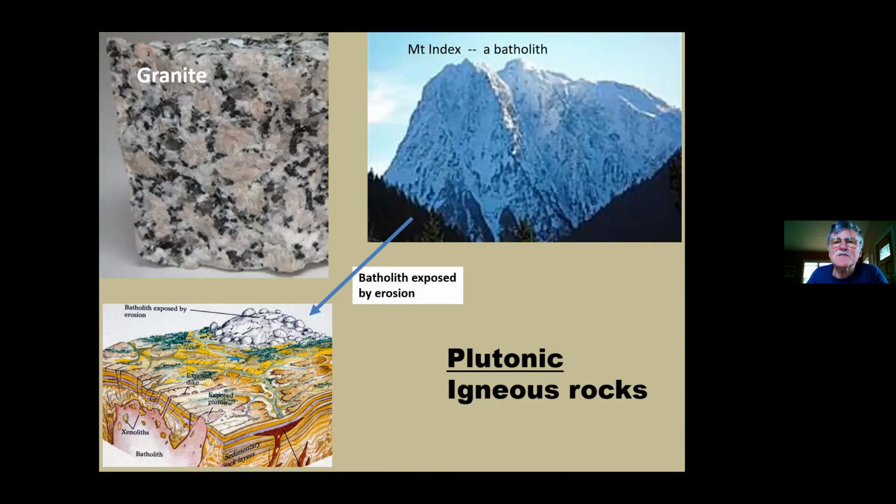Anyway, a lot of the mountains in the Cascades are exposed batholiths, which were the bathtub for the magma that was the source of the magma for the volcanoes. But if it didn't make it to the surface, it cooled slowly and eventually eroded its way to the surface, and you have these batholiths.